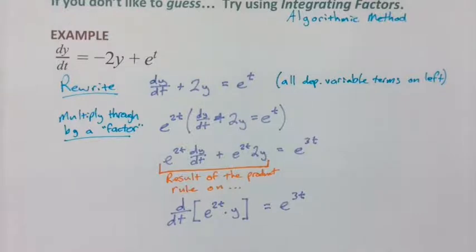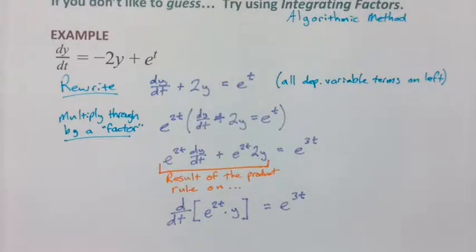The interesting thing here is that if you work backwards, you can see if I take the derivative of this using the product rule, I take the derivative of the first and get 2e to the 2t times y, that's this term right here, plus the second term would be the first times the derivative of the second, so e to the 2t times dy/dt, which is this term right here. So we're actually seeing the result of that product rule.